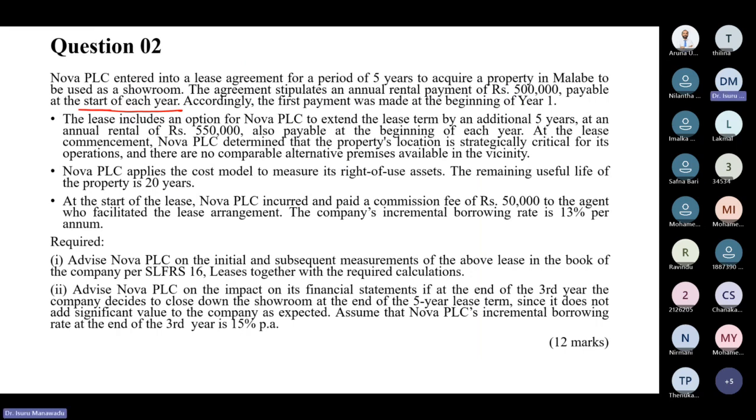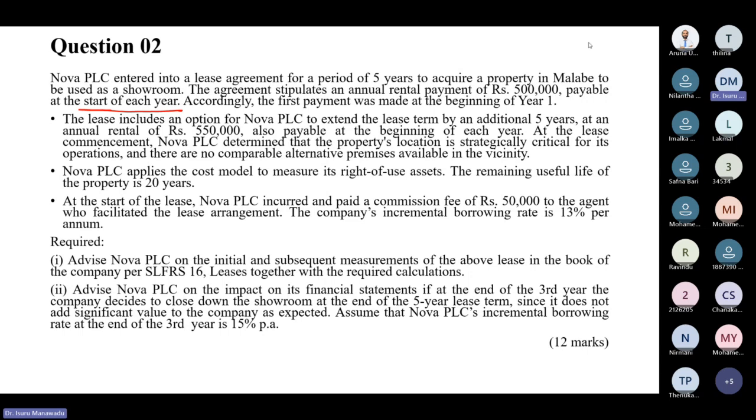Nova PLC applies the cost model to measure the right of use asset. The remaining useful life of the property, 20 years. SLFRS 16 explains how we should do the depreciation on the right of use asset.